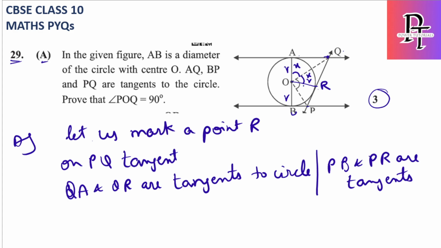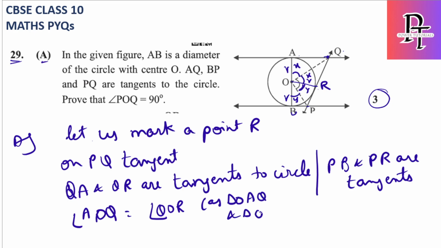In the same way, if I mark this as Y, this also will be Y. I will write here angle AOQ should be equal to angle QOR, as triangle OAQ and triangle ORQ are congruent.